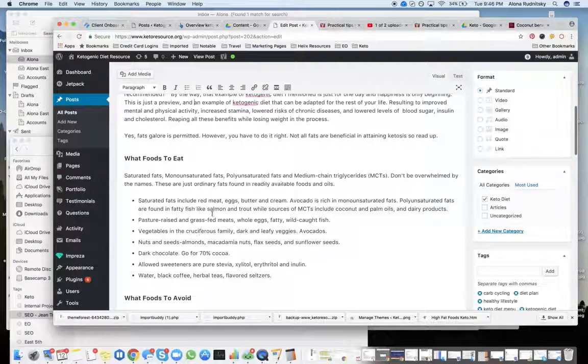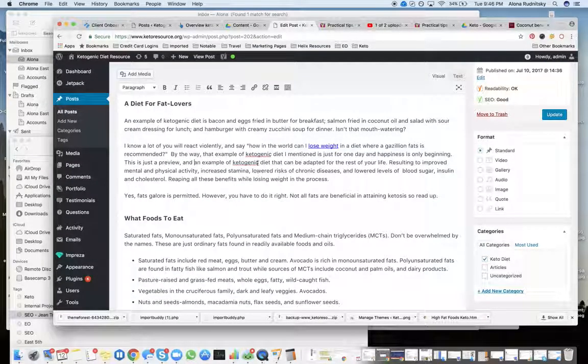Oh, that looks like it goes down. Example of ketogenic resulting in improved mental health, mental and physical activity, increased stamina, lowered risk of chronic disease, and lowered levels of blood sugar, insulin, and cholesterol.